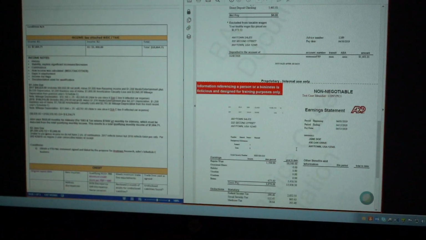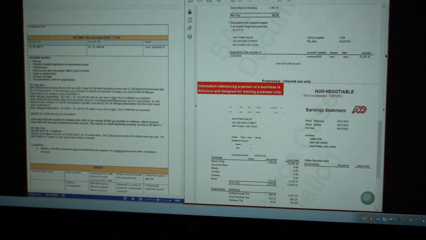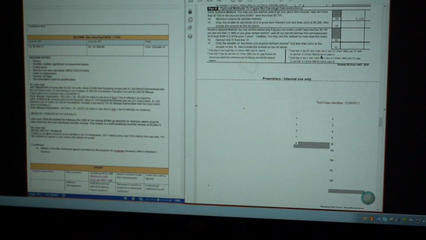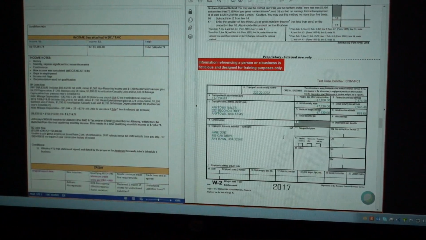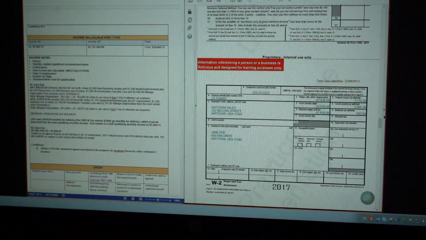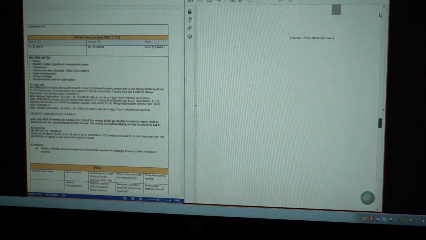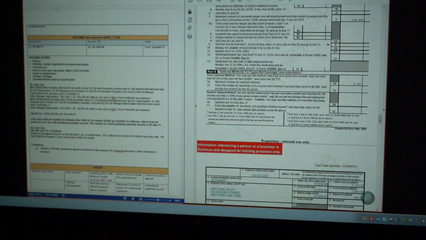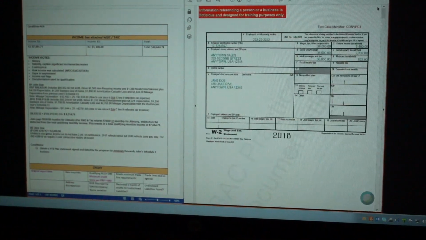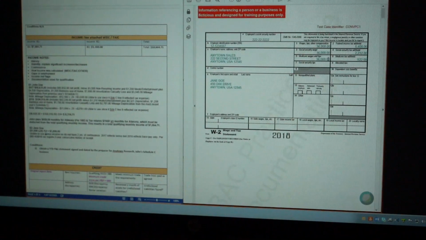Alright. So as far as the income for the borrower, we need to look at the 1040 and the W-2s. So for 2017 for Jane, we have $47,830, and for 2018 we have $36,000.